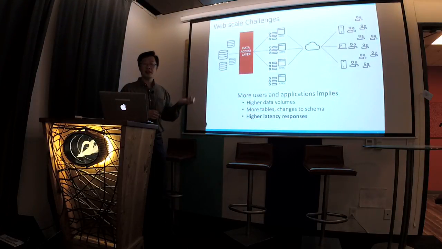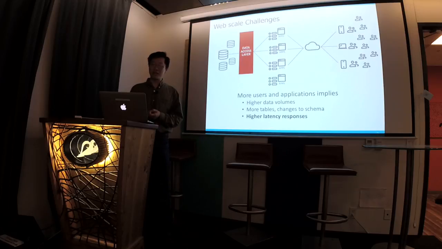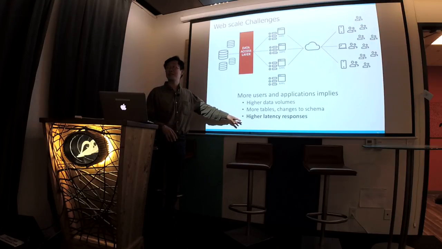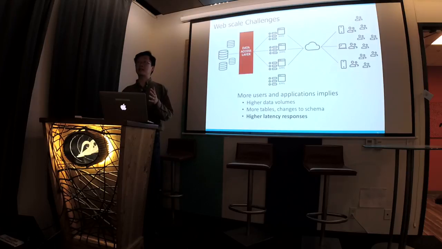In this slide here, this is about a web application. One of the challenges of web scale is that as you grow more users, the application tier grows, higher data volumes, more tables, more changes to schemas. You all know that. But what's often missed is higher latency between the application and database.